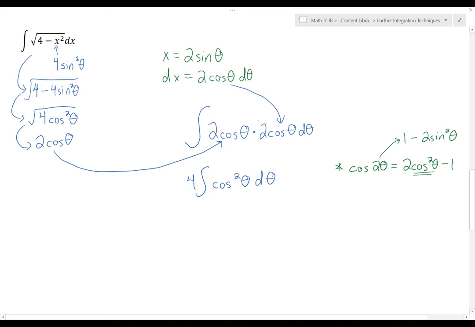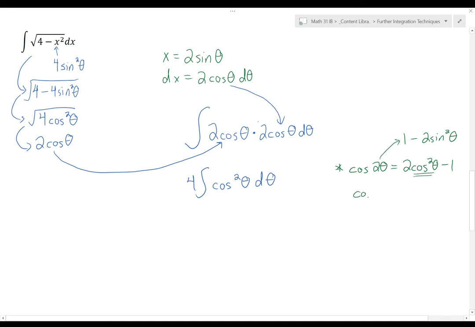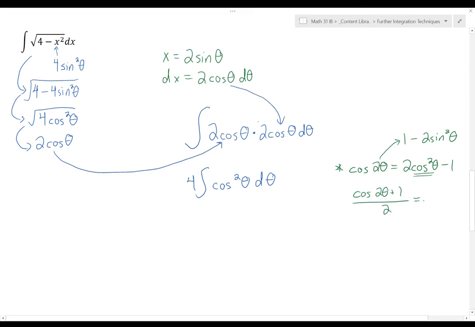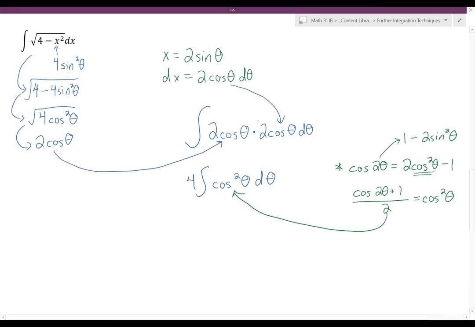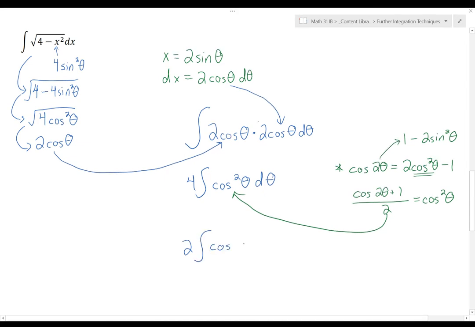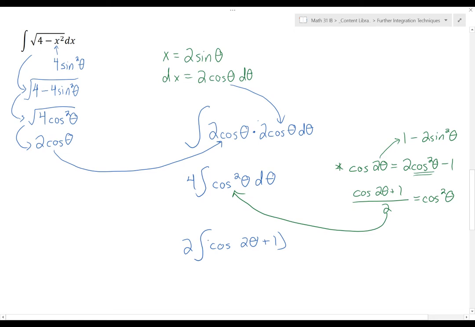So if I isolate cos squared, I get cos 2 theta plus 1 all over 2 equals cos squared theta. So this is what I'm going to substitute into my integral. Now, I have a 4 as a coefficient, so that 4 will cancel with the 1/2, so I'll end up with 2 times the antiderivative of cos 2 theta plus 1 d theta.